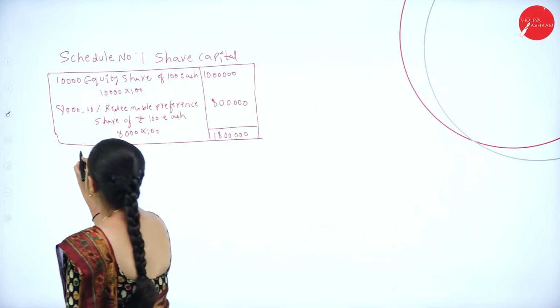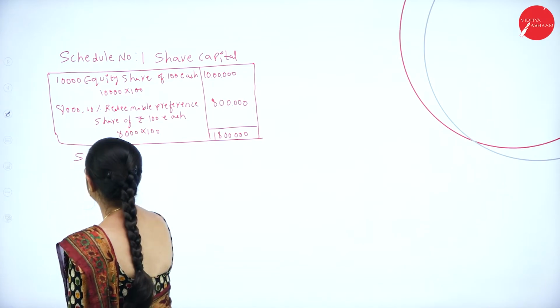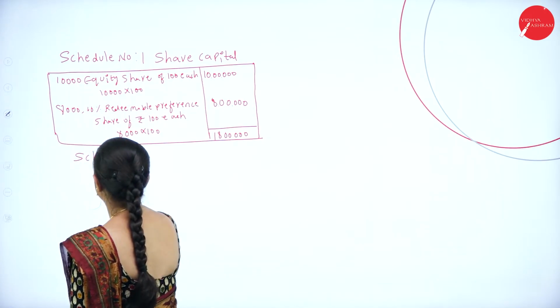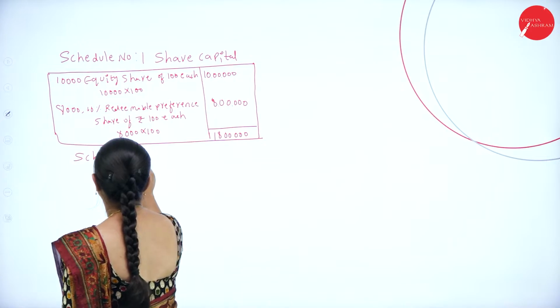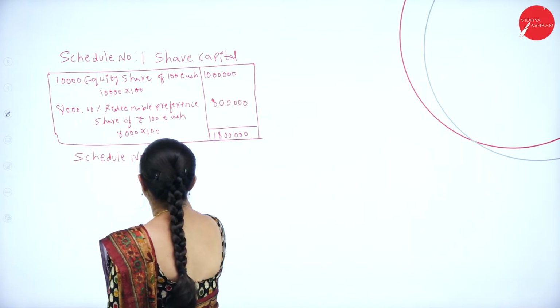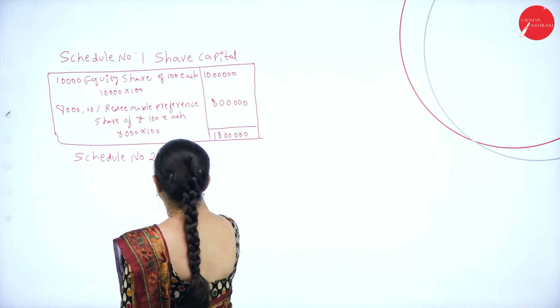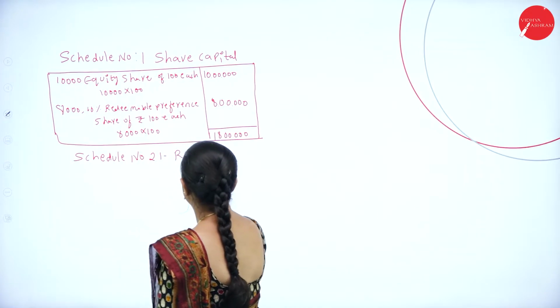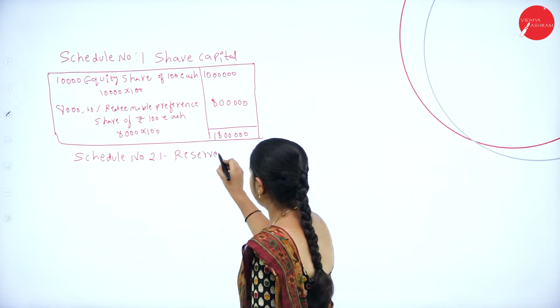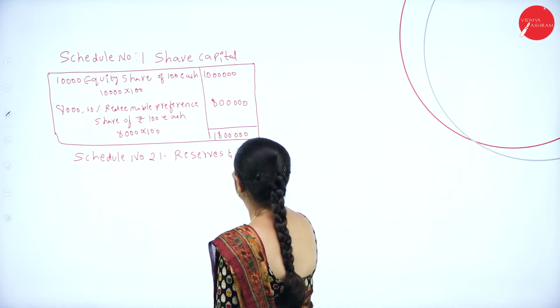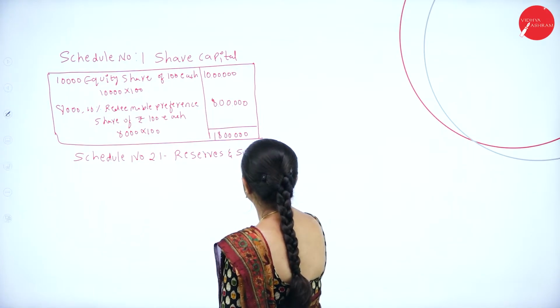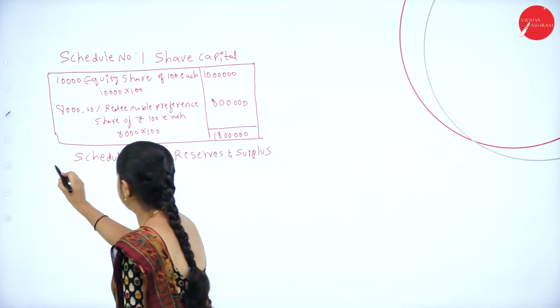So write Schedule 2 reserves and surplus.